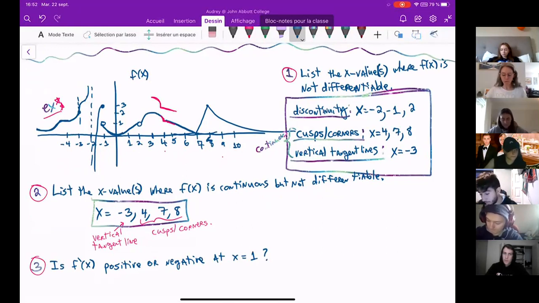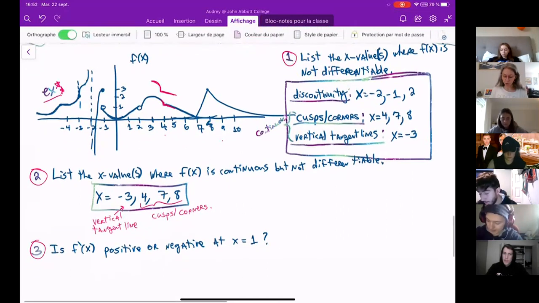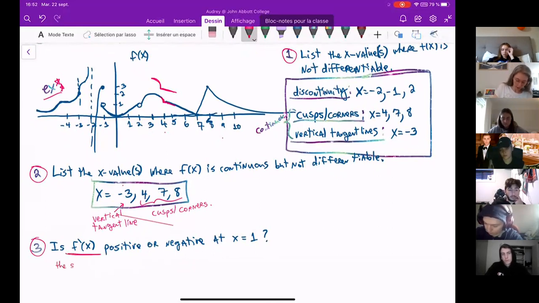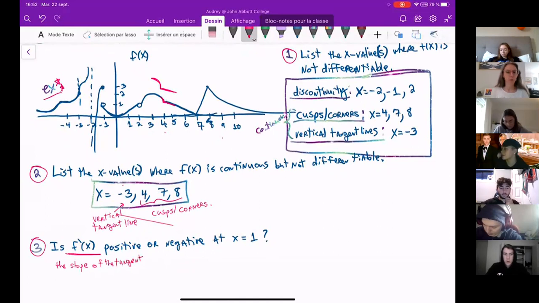So remember, f prime, that's our notation for derivative. So this is another way of asking this question, is saying, is the slope positive or negative? But specifically, the slope of the tangent line at x equals 1? Wouldn't that be positive because the function is positive? You got it. Well, not because the function is positive.